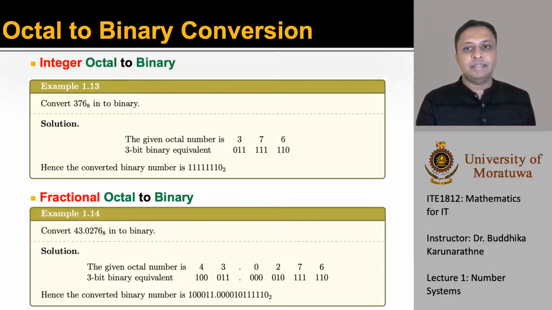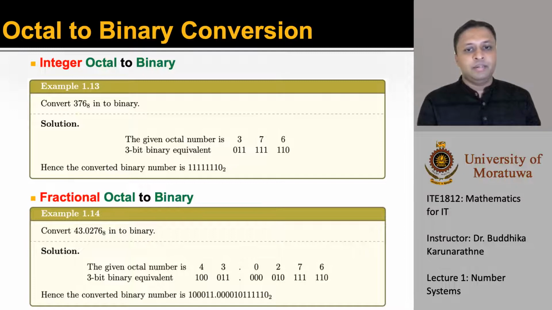Each digit in the octal system should be converted to a 3-bit representation in binary, and then you write them in sequence: 011, 111, 110. You can forget the first 0 because it doesn't add value, and then you will get the binary number for this example.